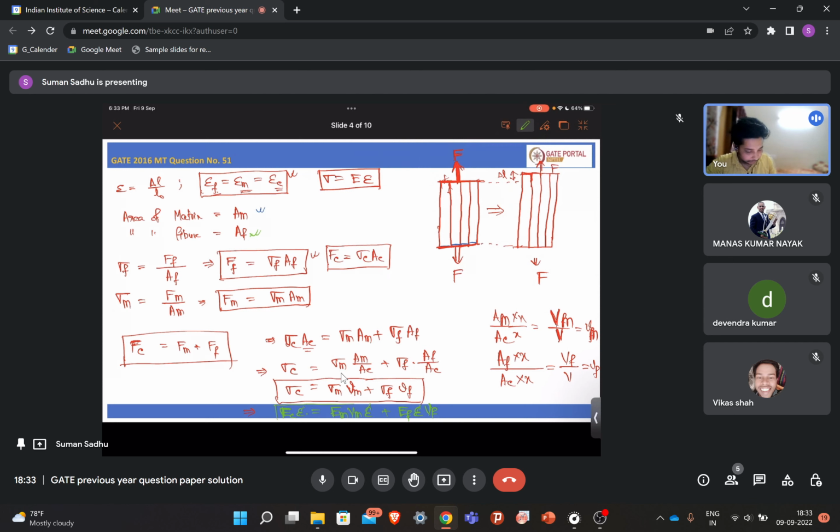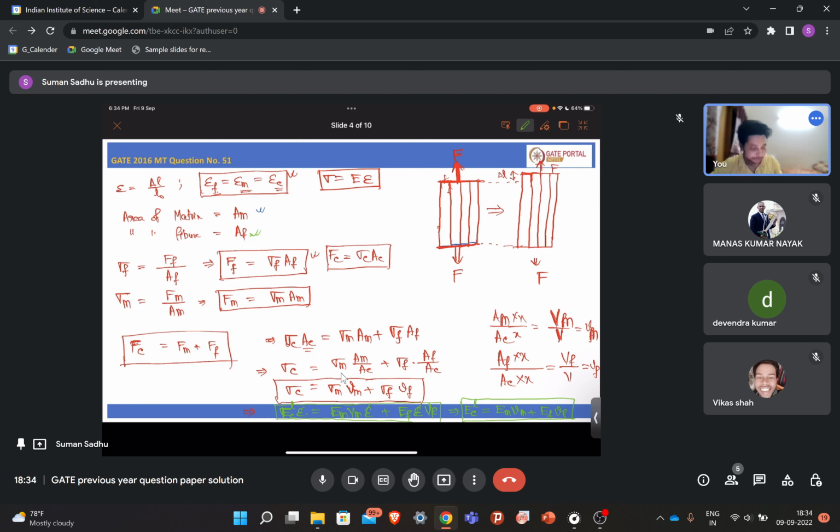That means polymer and the glass fiber also. So in this case, this equation will be EC, that means elastic modulus of the composite in the longitudinal direction. So here it will be L for longitudinal direction. So it will be equal to the elastic modulus of the matrix into volume fraction of the matrix plus elastic modulus of the fiber into volume fraction of the fiber.